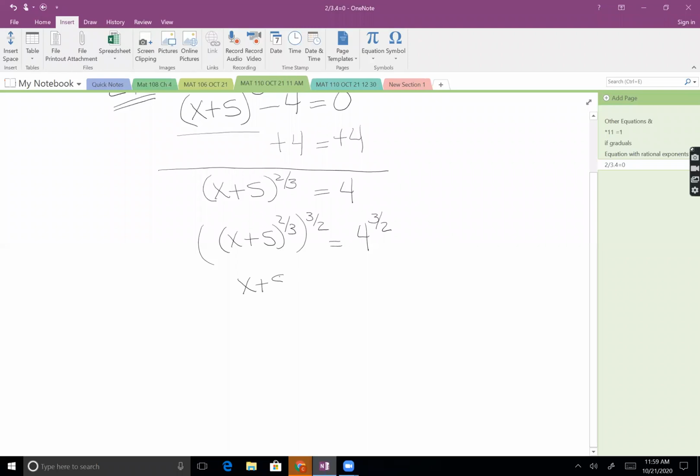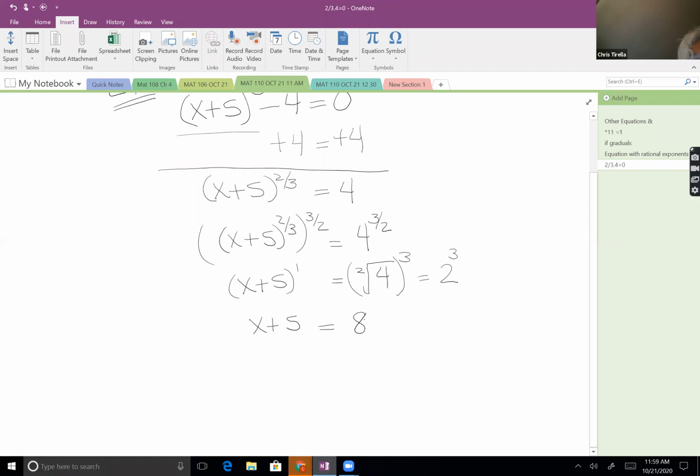So that gives me x plus 5 to the first, which is just x plus 5. And the other side, 4 to the 3/2 is the second root of 4 cubed. The square root of 4 is 2, cubed is 8. And now, to solve that, we'll subtract 5 from both sides and get x equals 3.